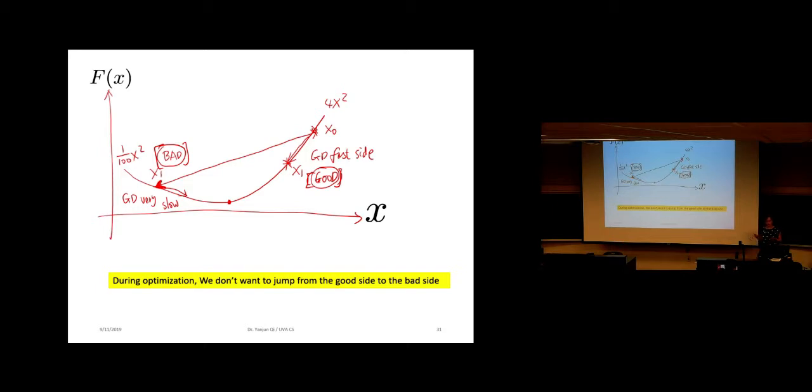If you're on the good side, a big learning rate might just jump you into the plateau, and the plateau region is actually pretty hard to jump out of. So there's a reason why the learning rate matters. Also the shape of this objective function matters.